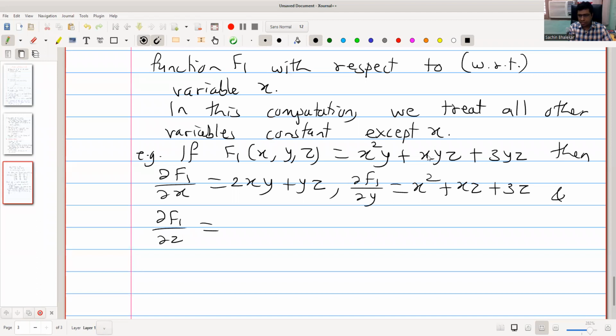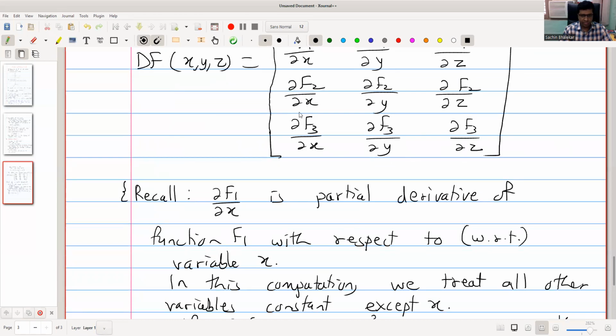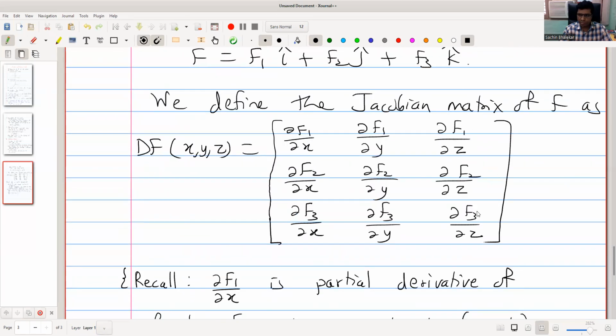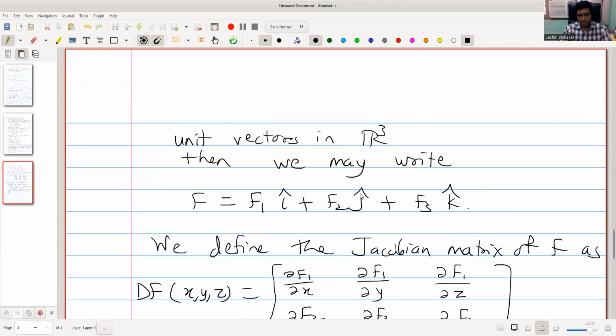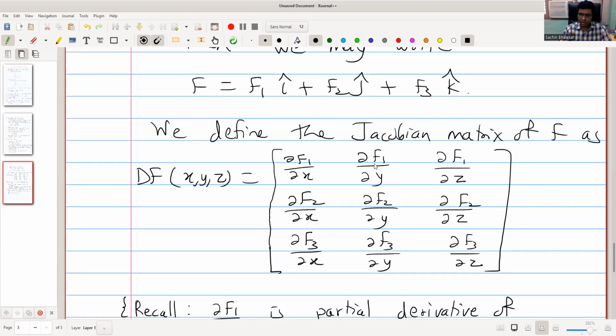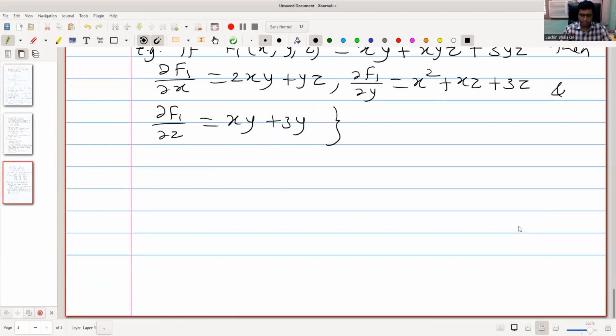Here it is some constant into z, so that constant, xy, and here it is plus 3y. So these are partial derivatives. So this is the Jacobian matrix. If our function is from R2 to R2, then also we can have a 2 by 2 Jacobian matrix.